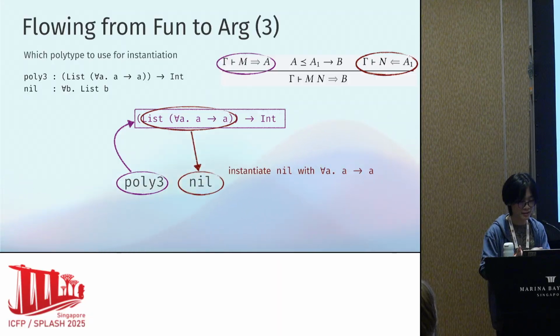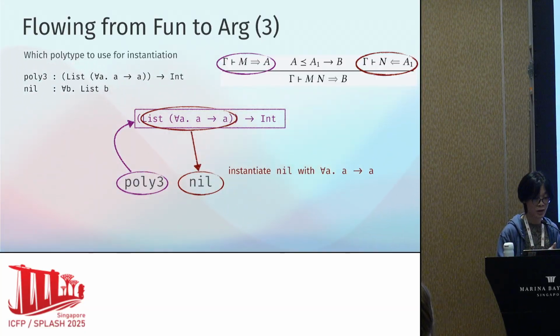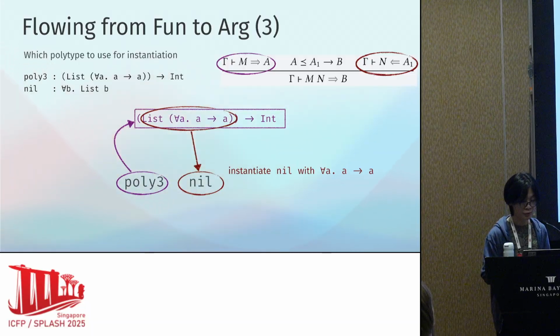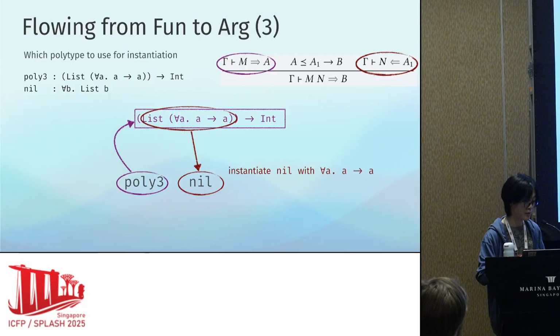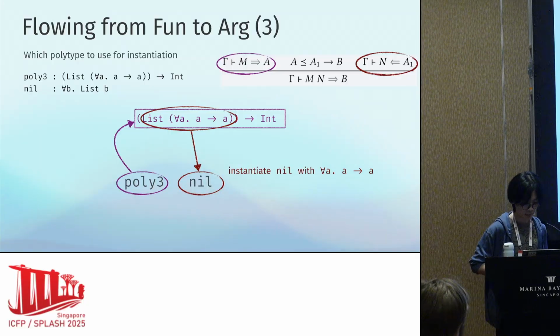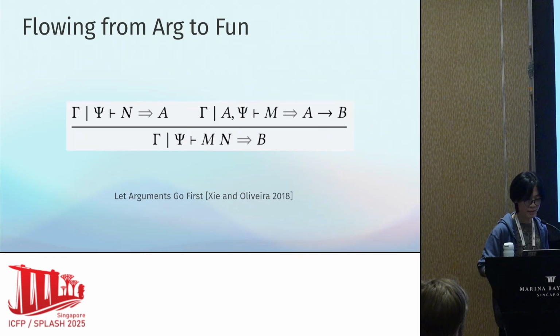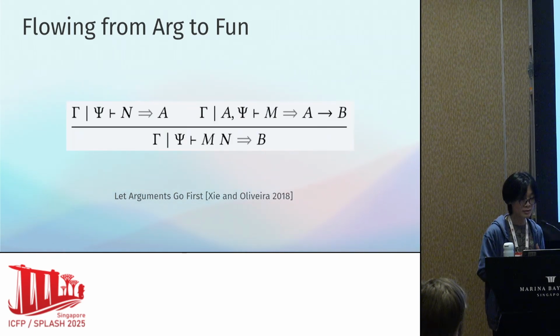Because nil has a polytype, we know that we should instantiate it. Yes, we should instantiate nil, and we should instantiate the variable b with for all a dot a to a in order to give the argument the type list of for all a dot a to a. So these are three examples of flowing from functions to arguments.